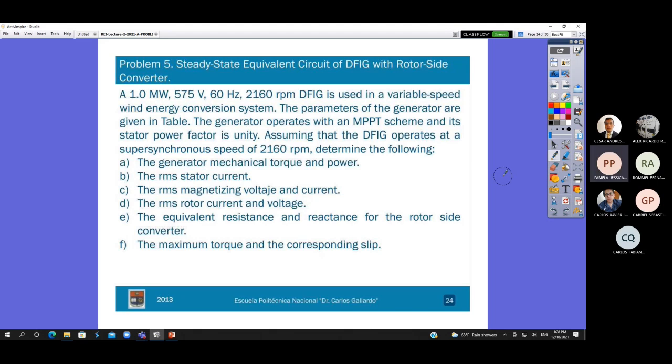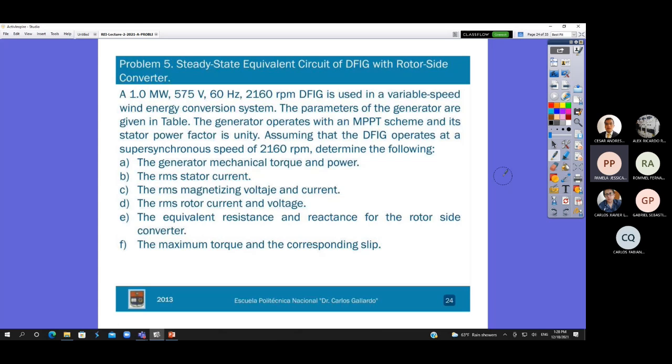Assuming that the doubly fed induction generator operates at a supersynchronous speed of 2160 revolutions per minute, determine the following. Letter A, the generator mechanical torque and power.